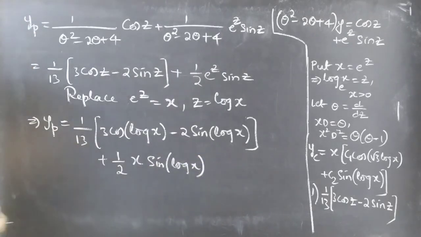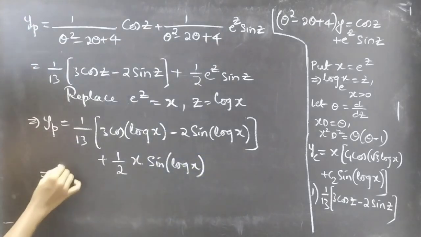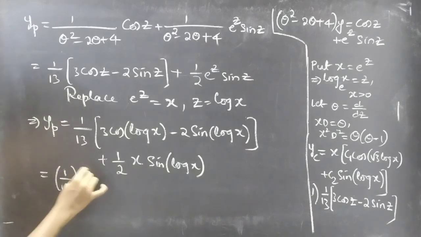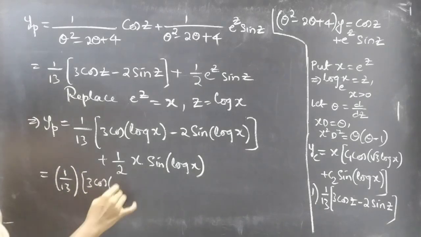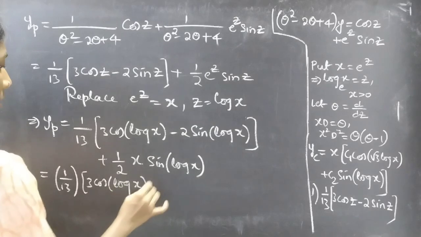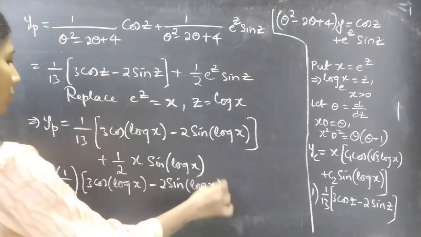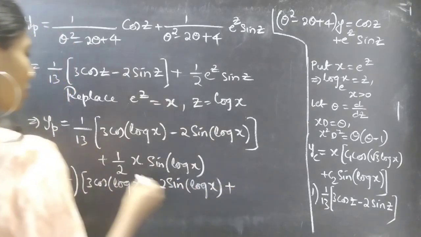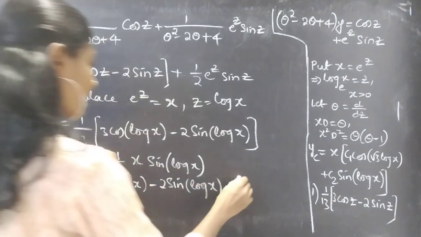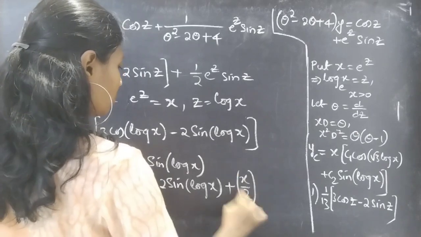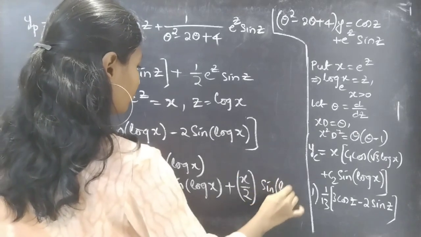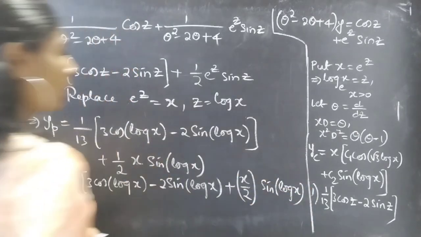Or we can write it as 1 by 13 into 3 cos of log x minus 2 sine of log x, plus x by 2 into sine of log x.